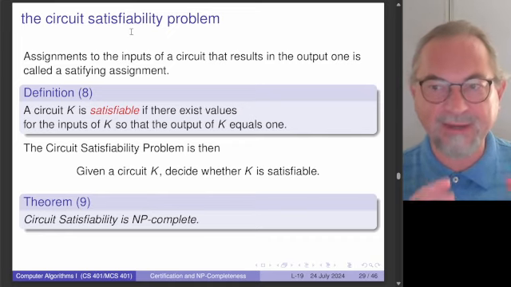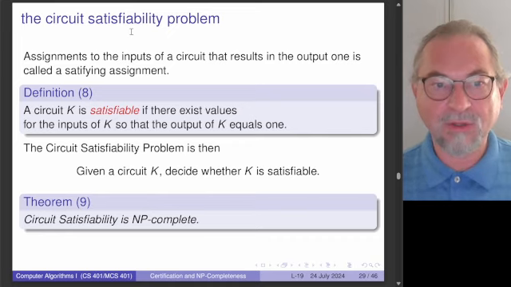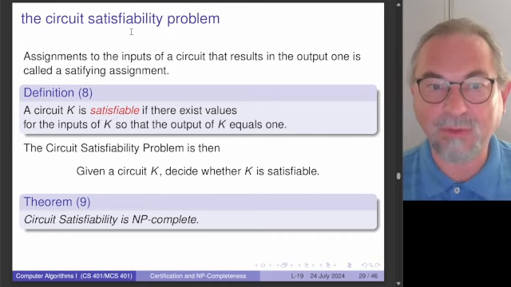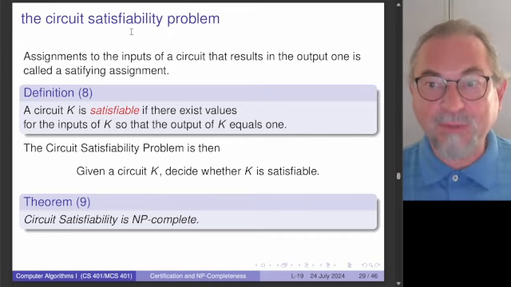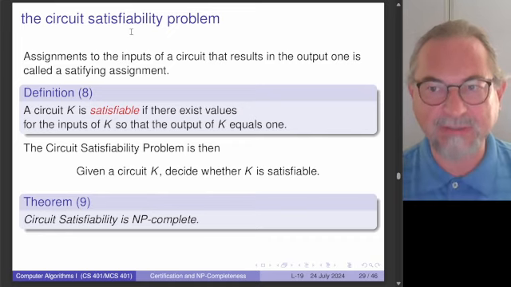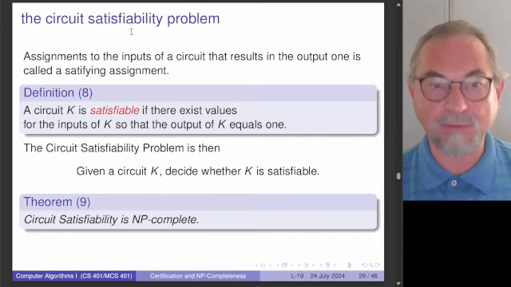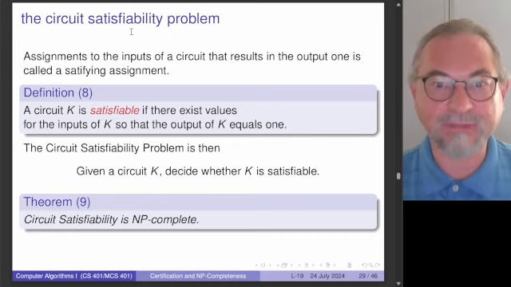For any given circuit, is there an input for which the output is 1? So given a circuit K, decide whether K is satisfiable or not. And if you can solve that problem in polynomial time, then the set P equals NP. So circuit satisfiability is NP-complete. That will be the main theorem that we will be proving in the second half of this lecture.